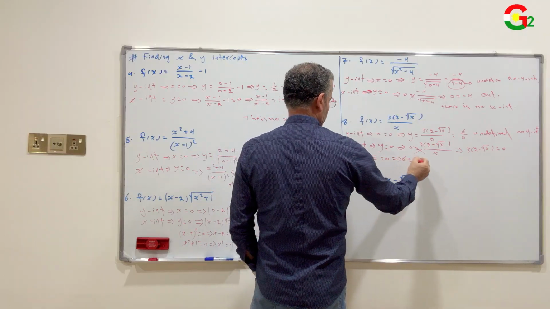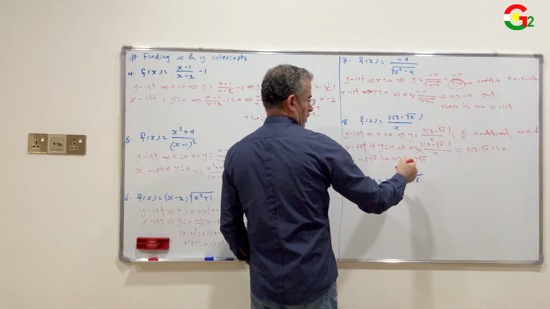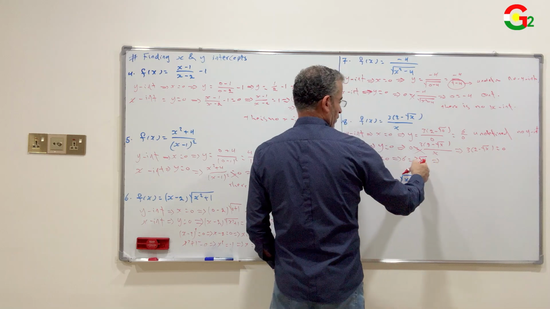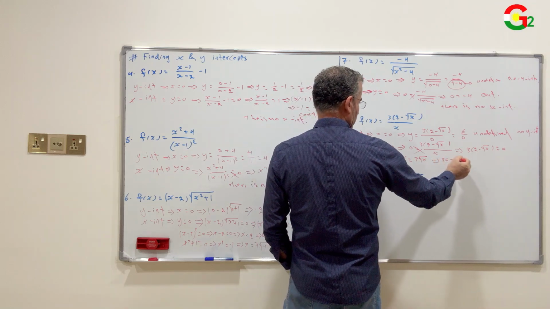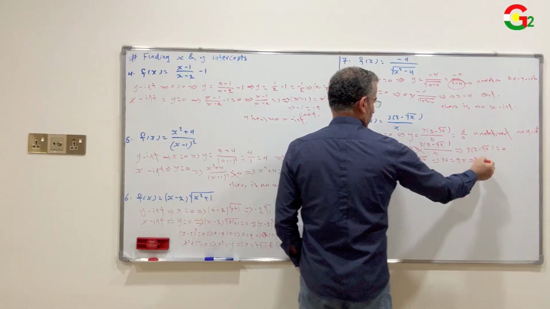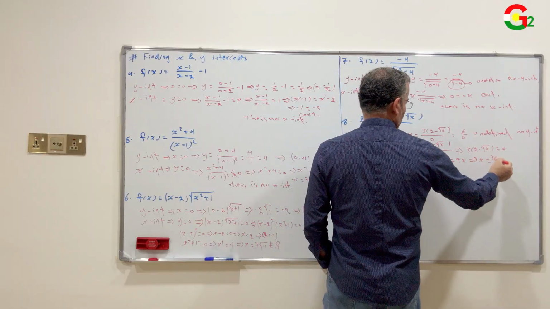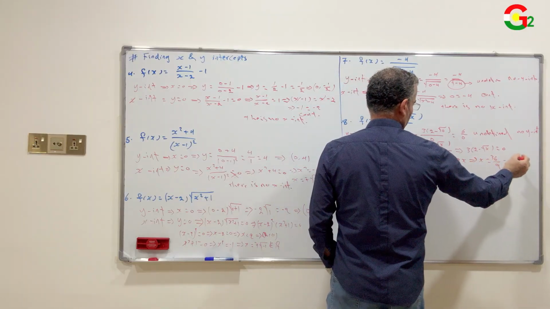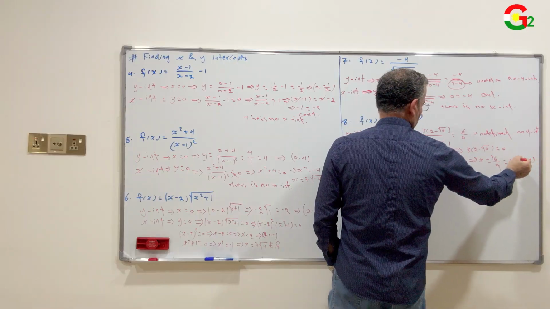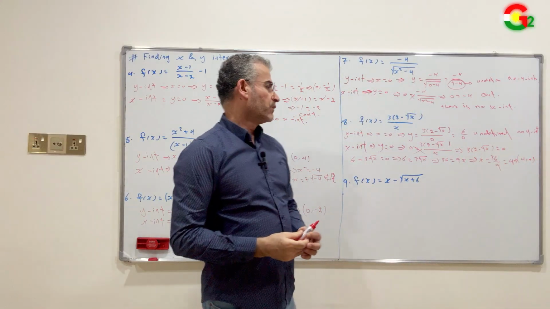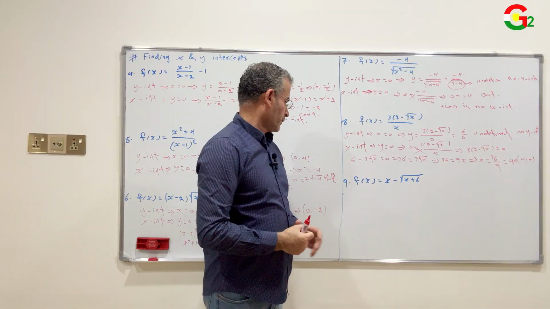Then 6 equals 3 square root of x. Square both sides to remove the square root: 36 equals 9x. Then x equals 36 over 9, which equals 4. Then (4, 0) is the x-intercept point for this function.